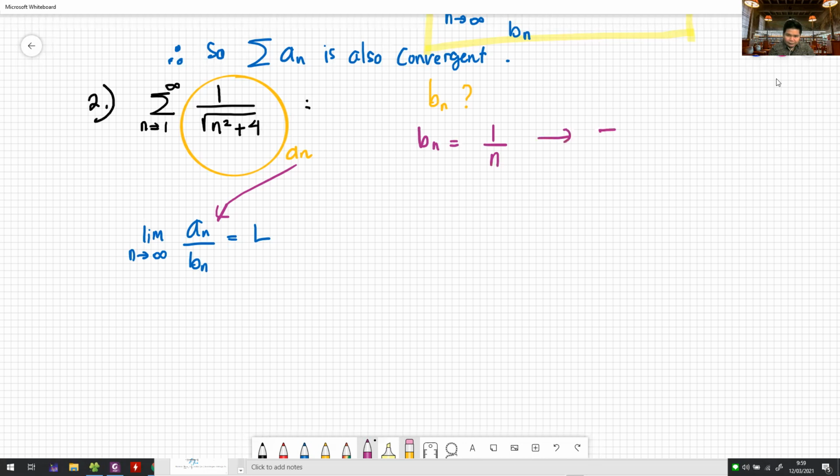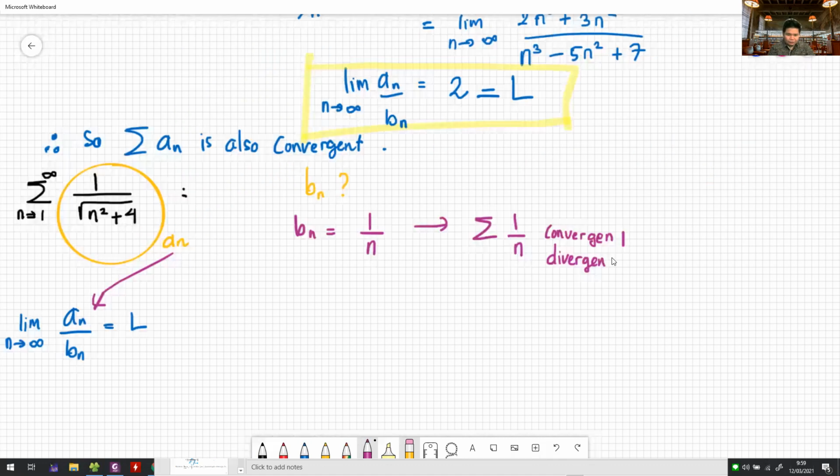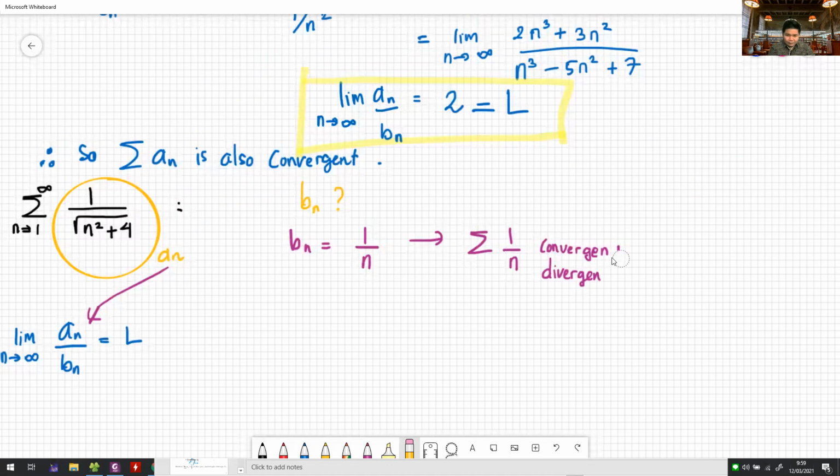Okay, is this one convergent or divergent? This is the P series, exactly the same as before. Does it converge or not? Convergent or divergent?